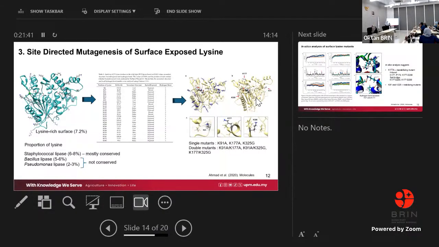So we predicted the structure again, and we can see that the surface is full of lysine.